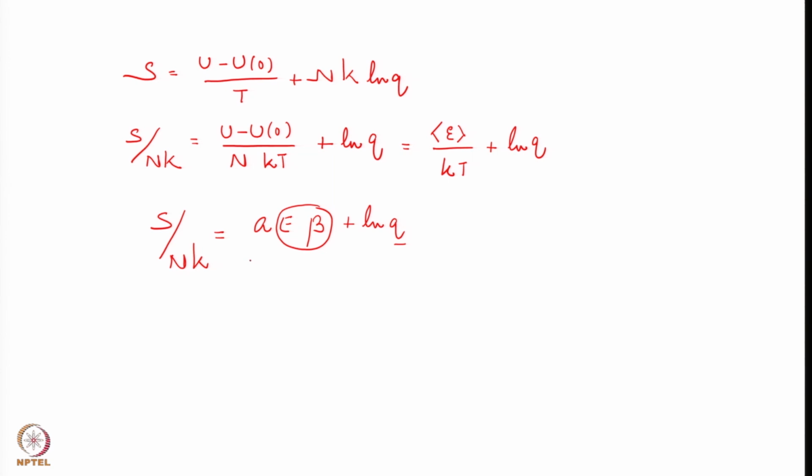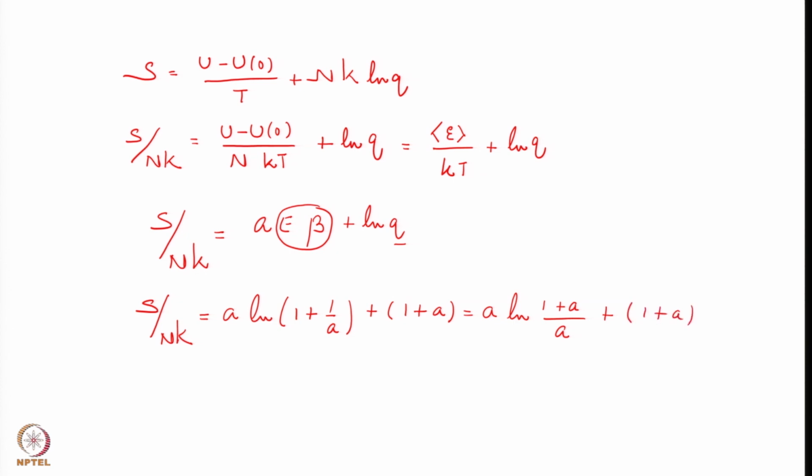So that means S by Nk is equal to A log 1 plus 1 by A plus log q, which is equal to A log (1 plus A by A) plus log (1 plus A), because we have to put the logarithm.